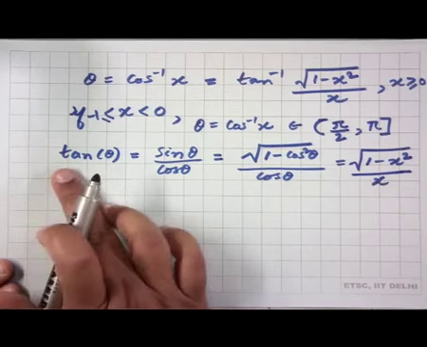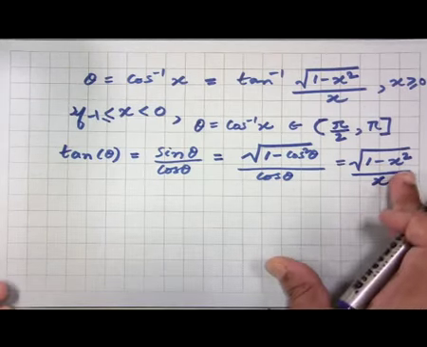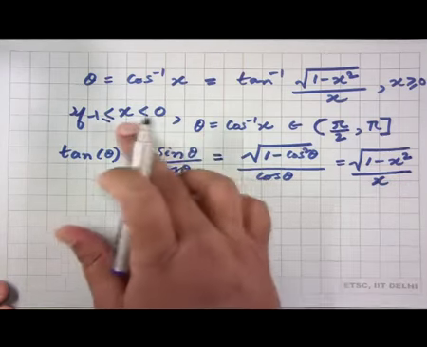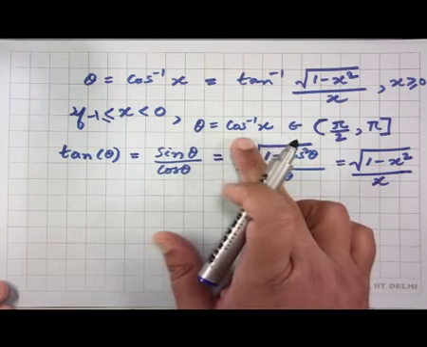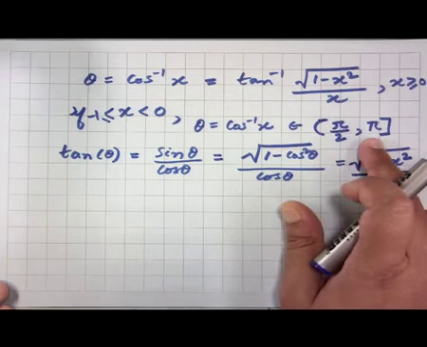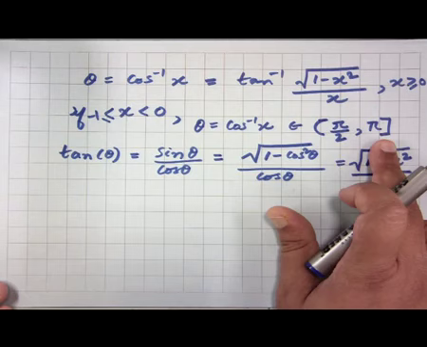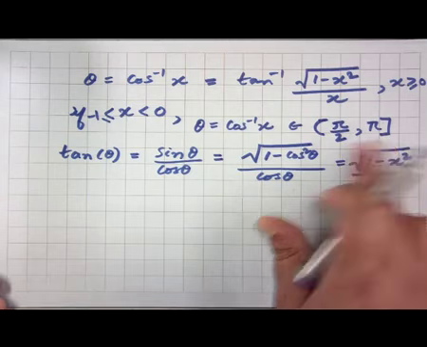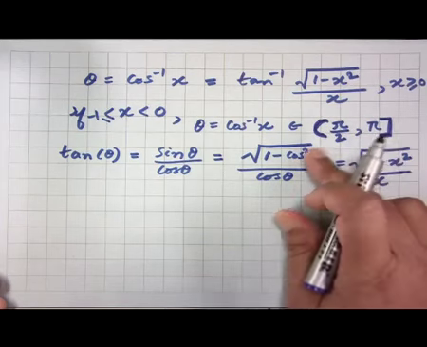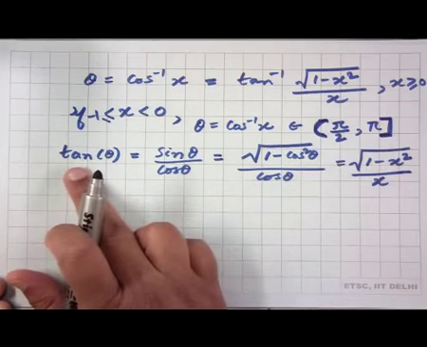So we again have tan theta equal to square root of 1 minus x square over x, but this time because x is negative, theta equal to cos inverse x belongs to this set pi by 2 to pi, but the problem is that this set does not have any point in common with the range set of tan inverse.